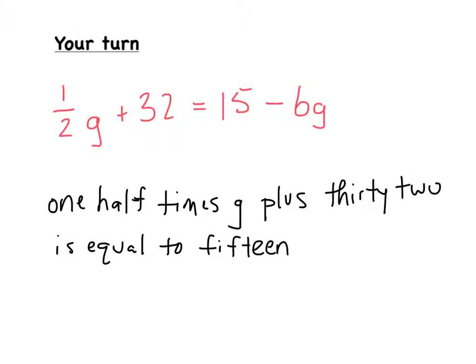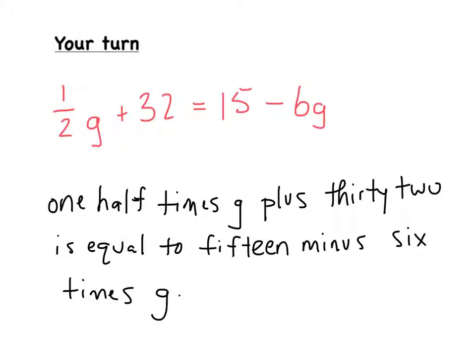We can either have subtracted or minus, so we can have is equal to 15 minus, and that's a 6, even though this sort of looks like a B, but it is minus 6 times g.